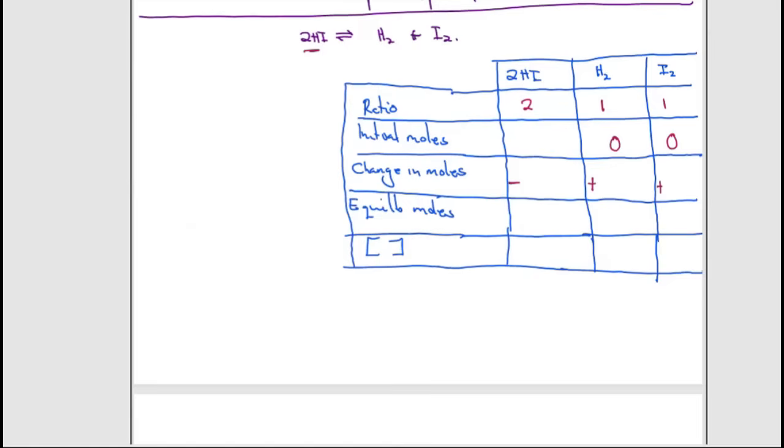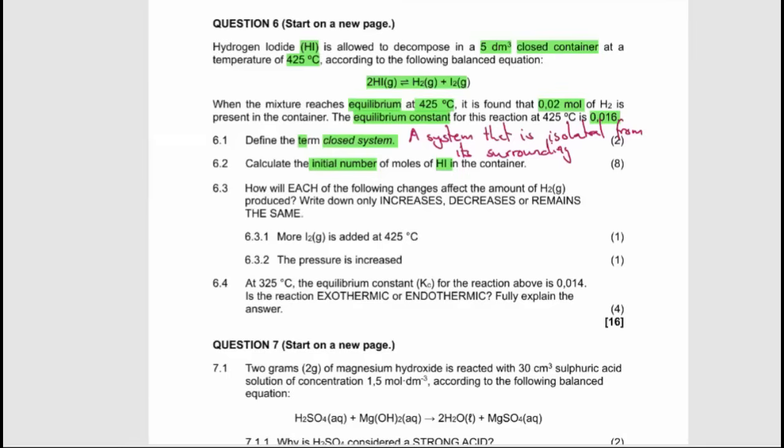Then here equilibrium moles now, and then the concentration there, right? So let's look at this. What are we given then? Here it reads, when the mixture reaches equilibrium at 425 degrees, it is found that 0.02 moles of hydrogen is present, right? So where was it? It was at equilibrium. So these are the equilibrium moles of H2, right?